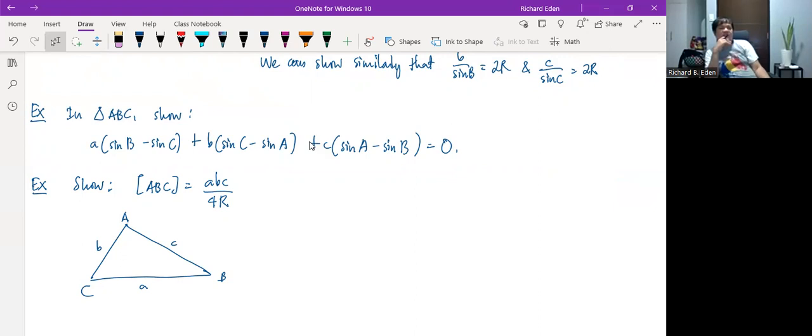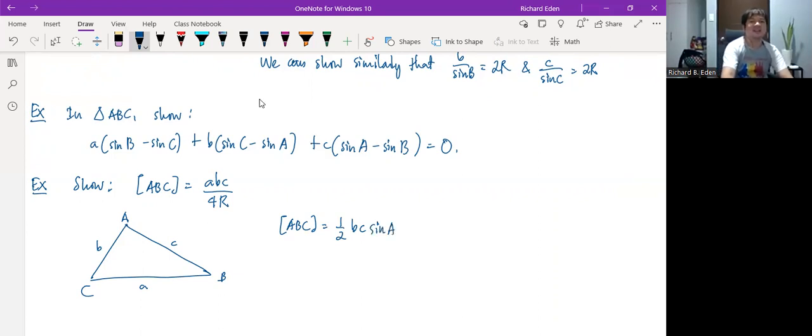I know we can use Heron's formula to write something for the area, but let's not use it. Let's use something basic which involves just two sides. The area of ABC is equal to 1/2 bc multiplied by sine A. Then here we bring in the extended law of sines, because a over sine of A is equal to 2 times the circumradius.